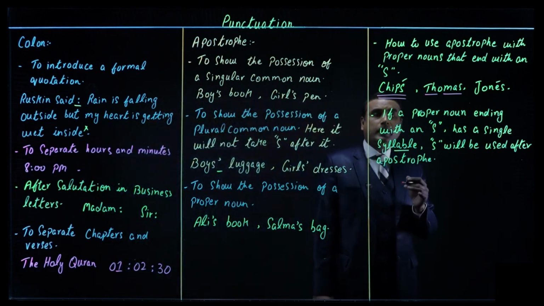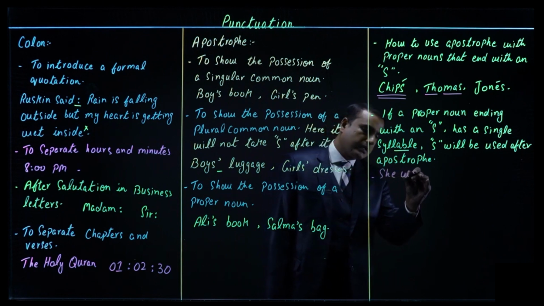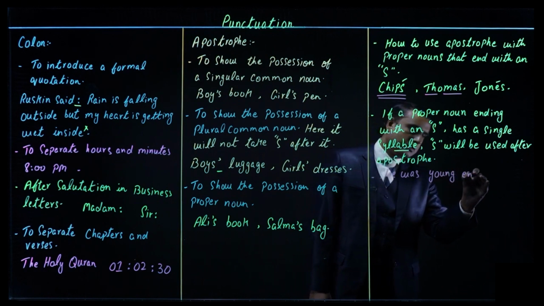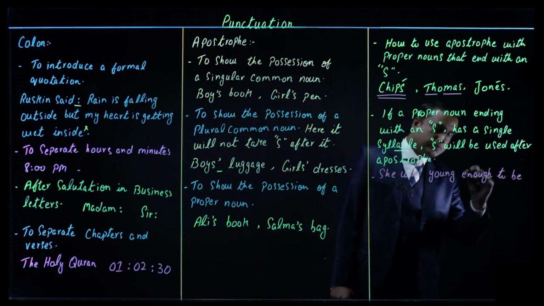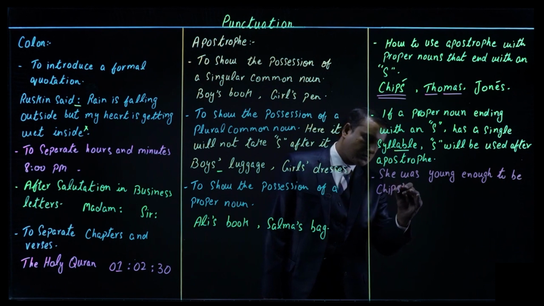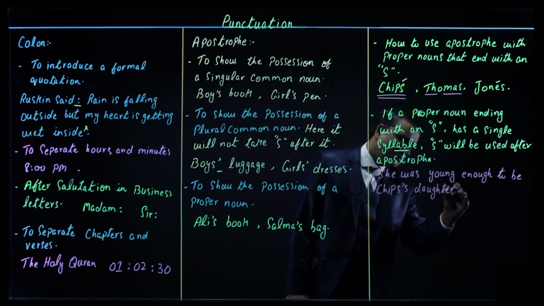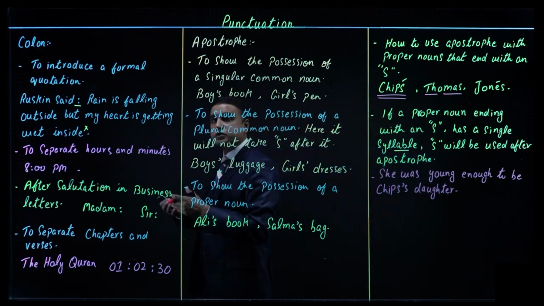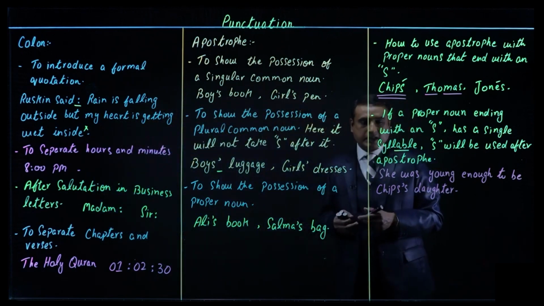And you have read it in Goodbye Mr. Chips. वो कहते हैं, she was young enough to be Chips's daughter. कि वो इतनी नौजवान थी कि बासानी चिप्स की बेटी लगती थी.